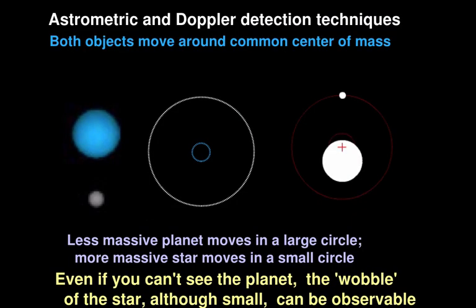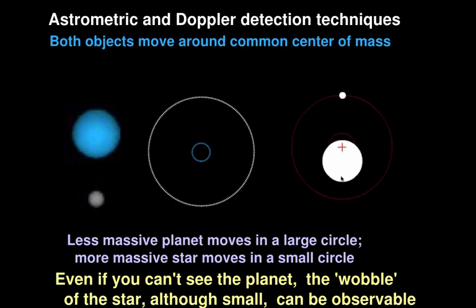One of the ways you can do that is if the planet that's moving around that star is massive enough, it will actually, believe it or not, move the star itself. Our planet Jupiter does this to our home star, the sun. As Jupiter goes around, it moves the sun a little bit. What's happening is these two objects need to maintain their balance. So we've got the planet right here, we've got the star right here, and they need to be balanced around this point right here, this red plus sign.